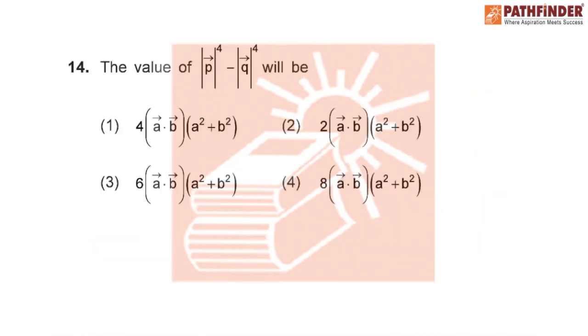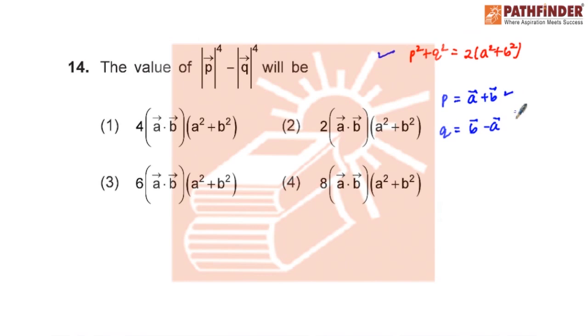Let us move to the next question. Question number 14. We have to find the value of P to the power 4 minus Q to the power 4. We have already obtained these results at the back, that P square plus Q square is equal to twice of A square plus B square.